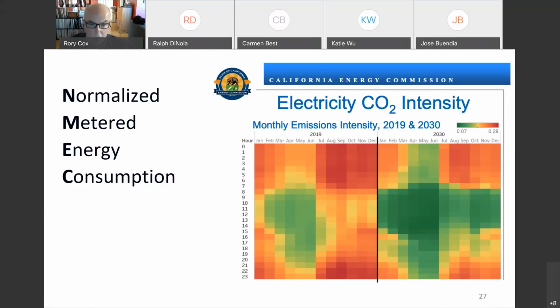You can think of it as a unified field theory, in that NMEC organizes decarbonized consumption at the meter. And because it focuses on the impacts, it can be more readily translated into the value of changing consumption patterns from a wide range of solutions, not just energy efficiency.